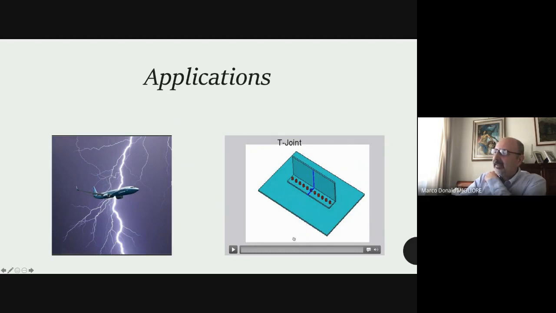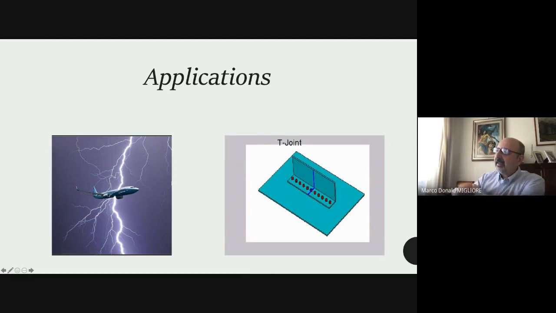And what is interesting is to model all these materials in order to understand what happens when they work together. And this is an example of a lightning strike.